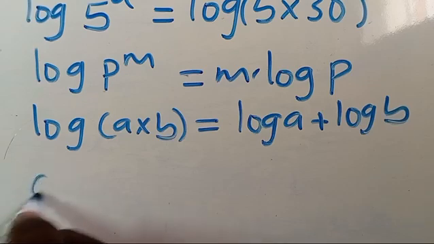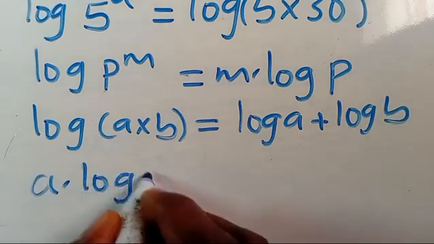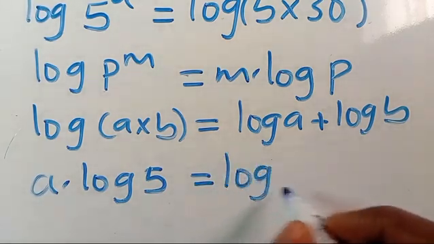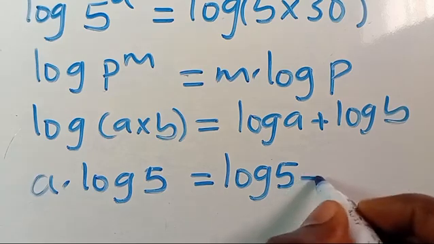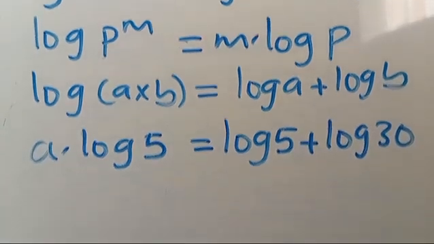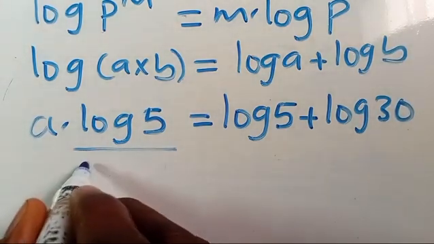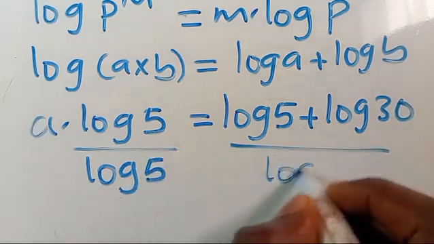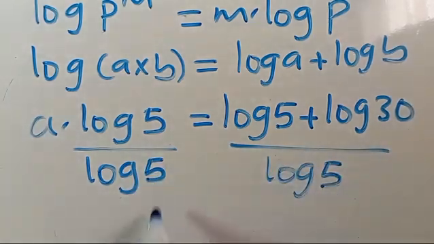Meaning from here we have a multiplied by log 5 equals log 5 plus log 30. Then dividing through by log 5, this will cancel out this.